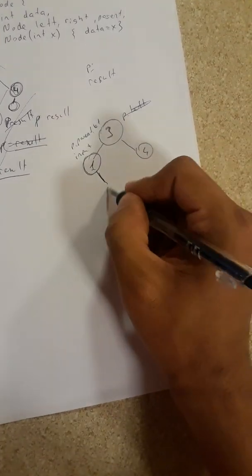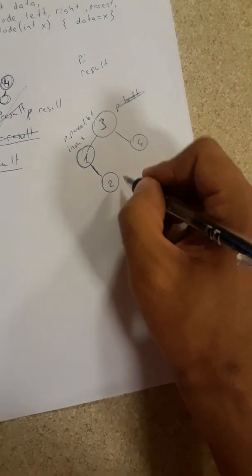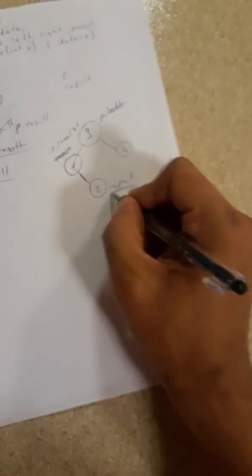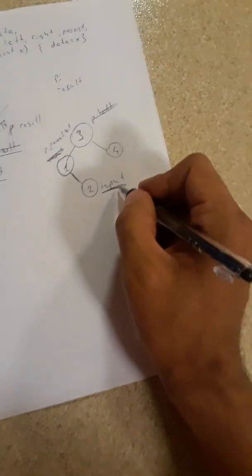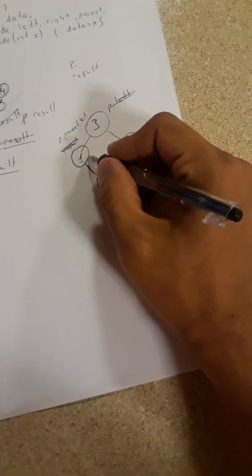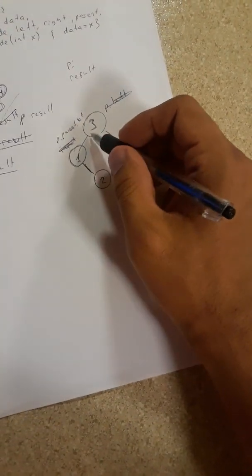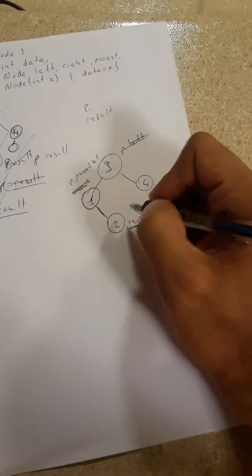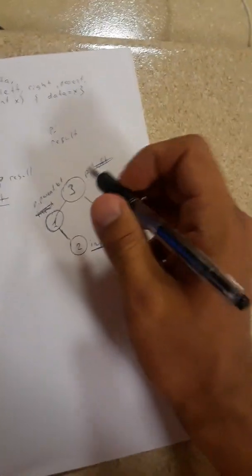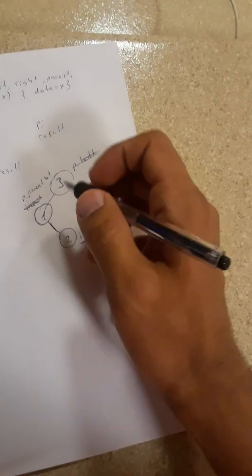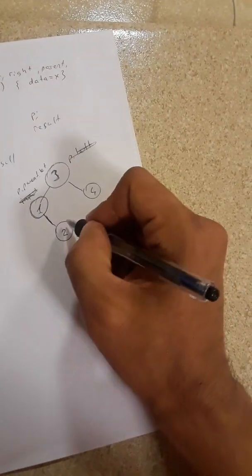But for example, if we have this node and we're trying to find the next successor of this node, then we should go up to the upper levels. We'll check until we find the next successor of 2.